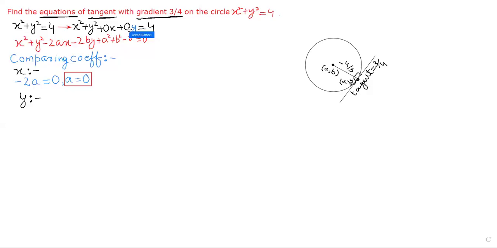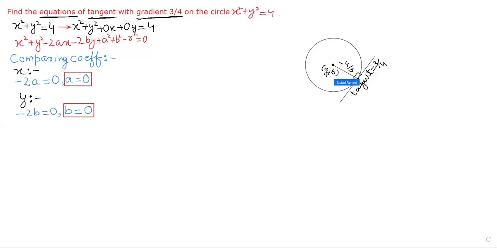So -2b equals to 0, which means b equals to 0 is your result over here, right? a is coming 0 and b is coming 0, and these a and b are representing what?